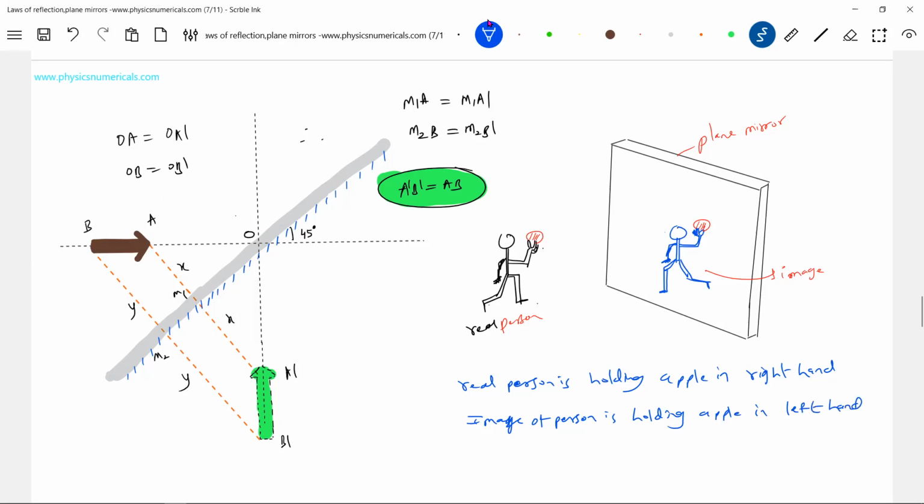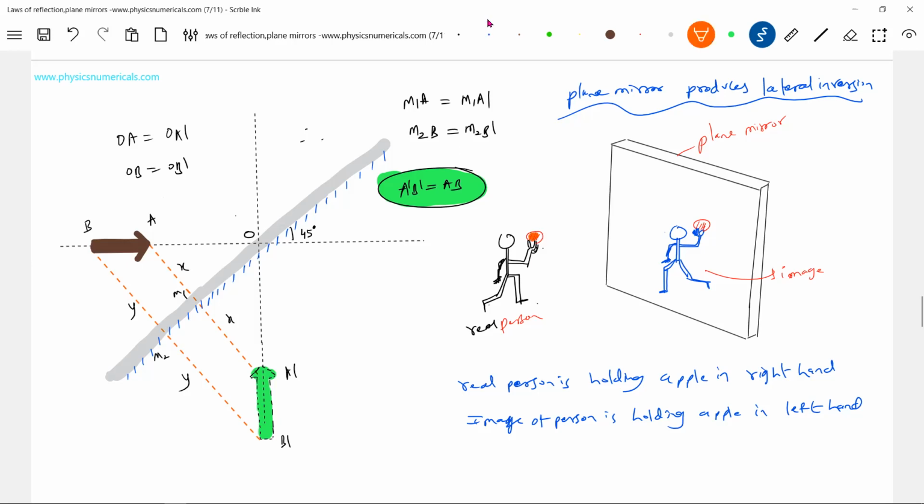This is called lateral inversion. So a plane mirror produces lateral inversion. You stand in front of a plane mirror and move your right arm; in the mirror, your image will be moving the left arm.